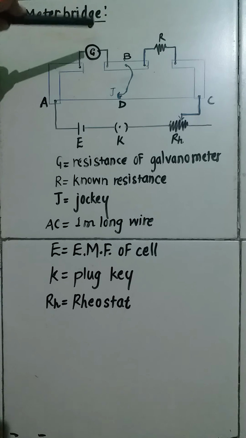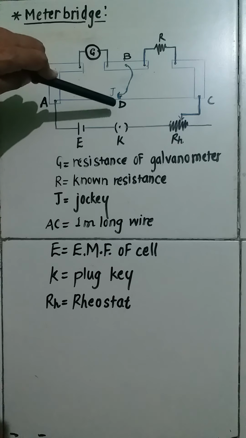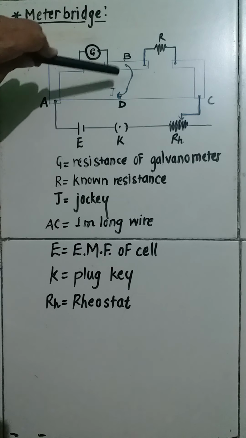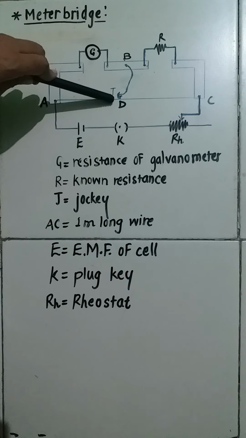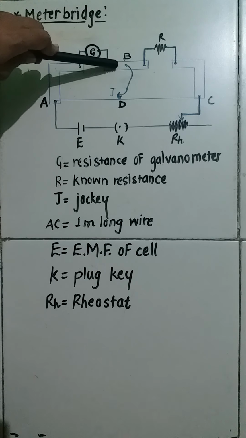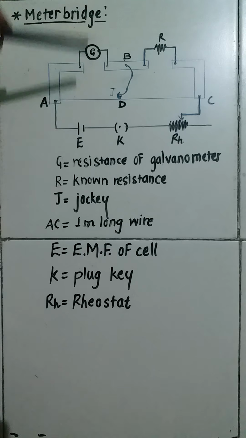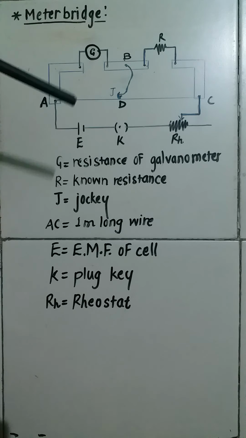So this indicates that even when the jockey is in contact with the wire at point D, still no current is passing through this part BD. And no current passing through BD means potential at point B is the same as potential at point D. And we say that the meter bridge is balanced.